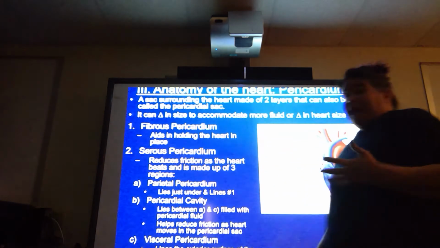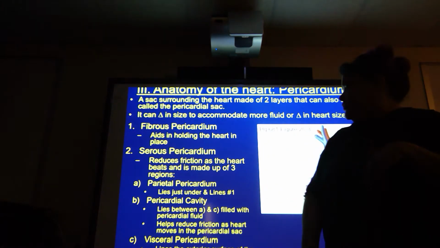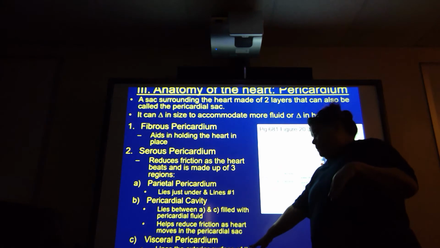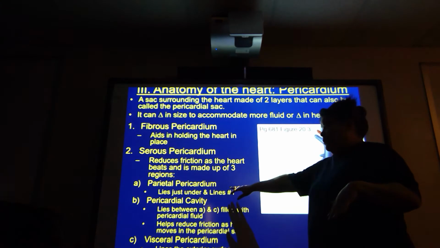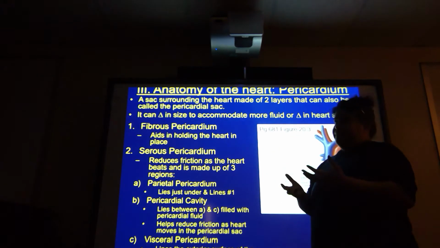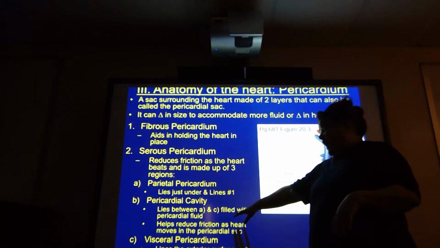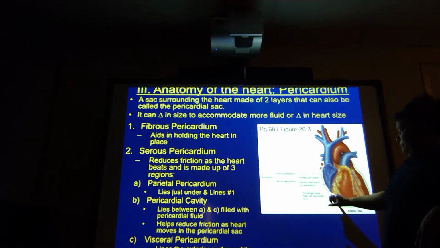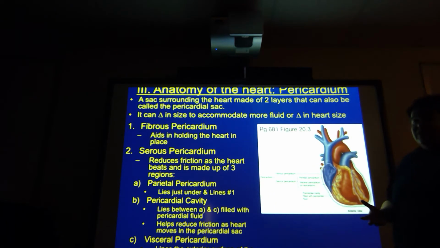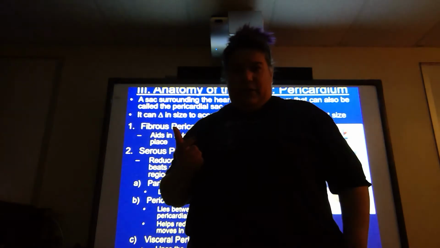But again, it's not my actual physical heart that's rubbing, it's the membranes that are doing that. So I've got the visceral pericardium on top of the heart, the parietal covering that space that your heart is sitting in, and then the cavity in between, which you can see that big white space that is filled with pericardial fluid, which is that lubricant that I've been talking about.